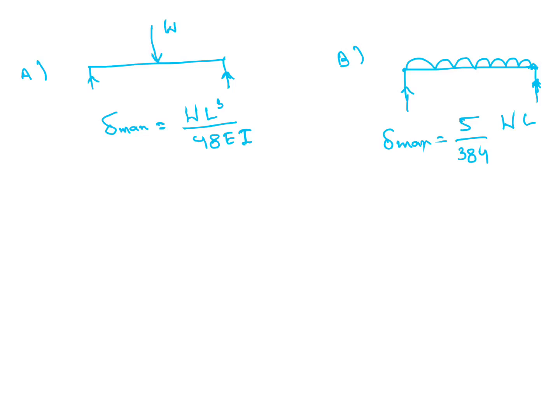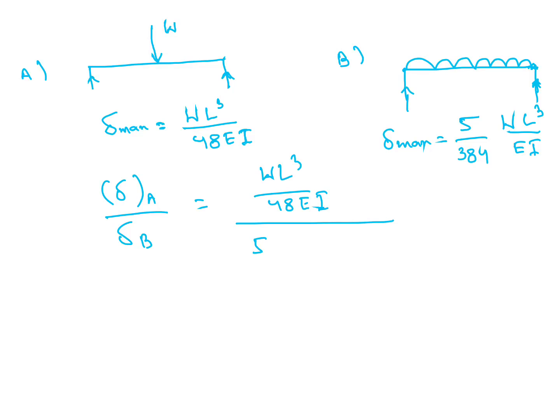So delta A divided by delta B you have to calculate. WL cube by 48 EI divided by 5 by 384 WL cube by EI.